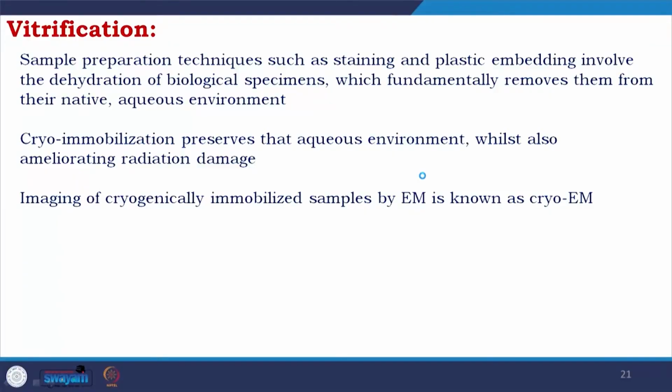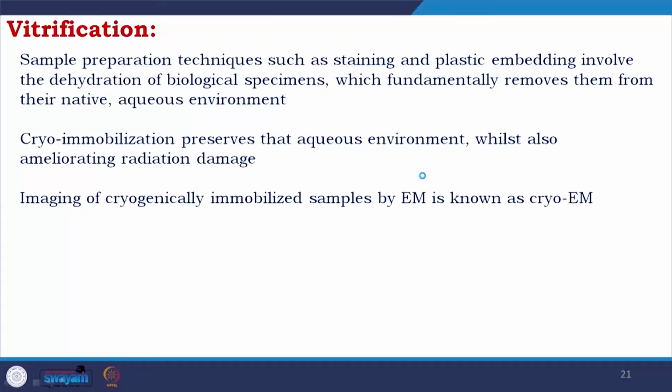Imaging of cryogenically immobilized samples by electron microscopy is known as cryo. As I told, this is the one which gives the identity of cryo, the identity of cryo to work with biological samples. They were working with materials for a long time, they are so good, they are so high resolution, but we could not include biological samples to perform TEM and SEM because radiation damage is one of the major issues.